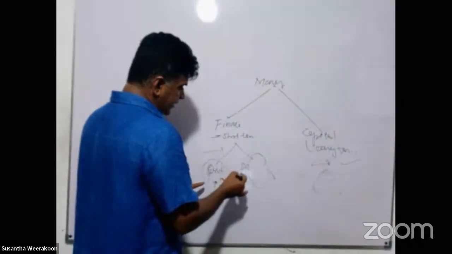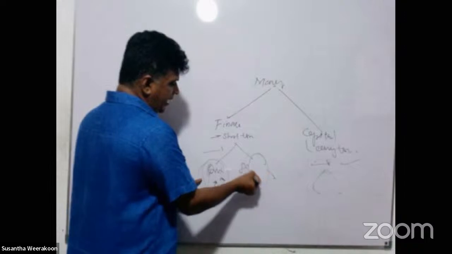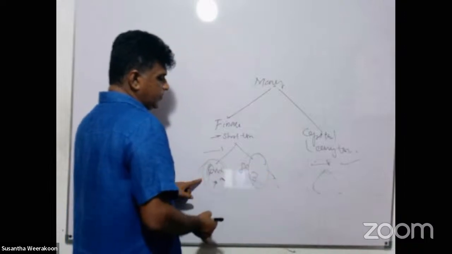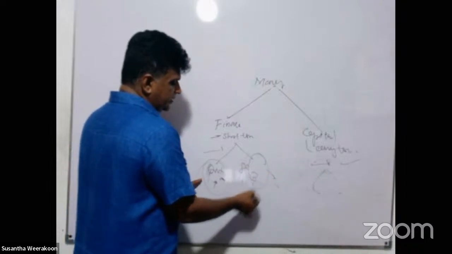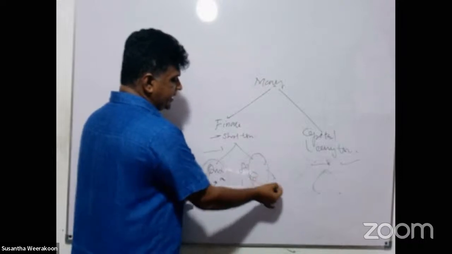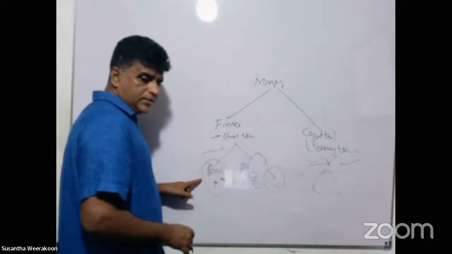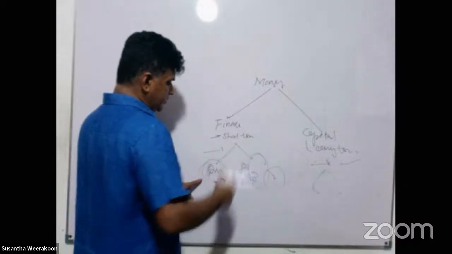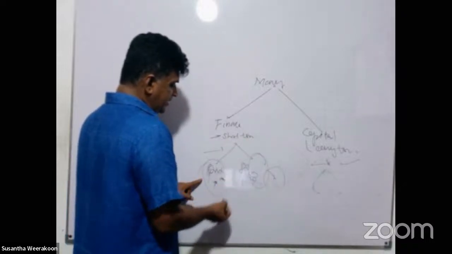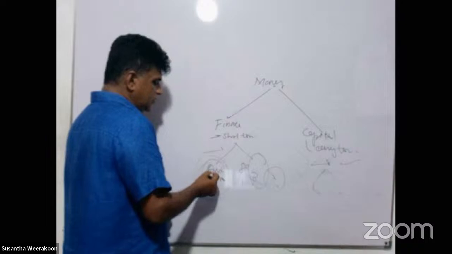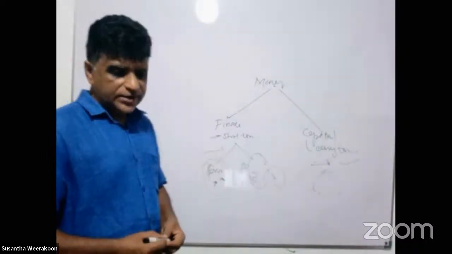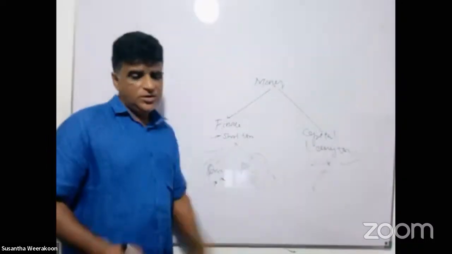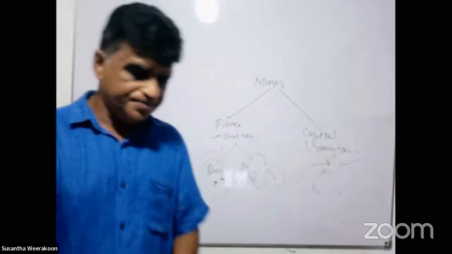They can also buy treasury bills from the general public or other parties, and sell those back to the central bank in the primary market. That is the way. The capital market also operates in the same way.